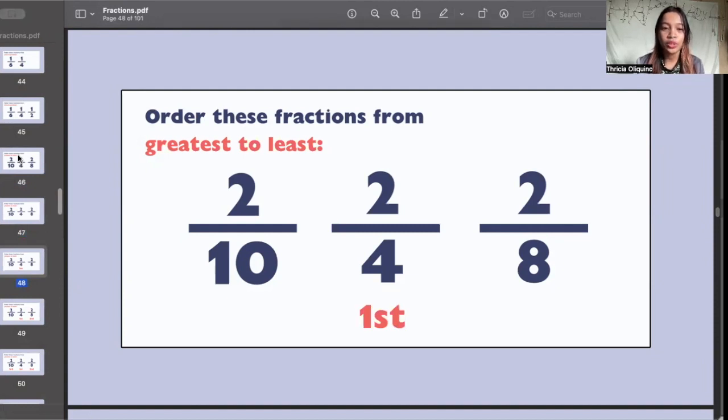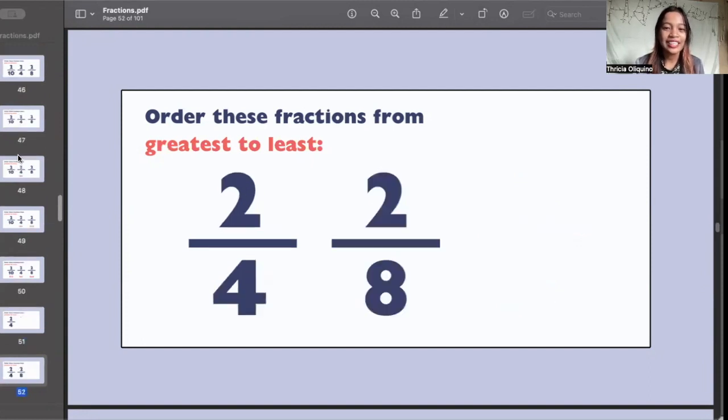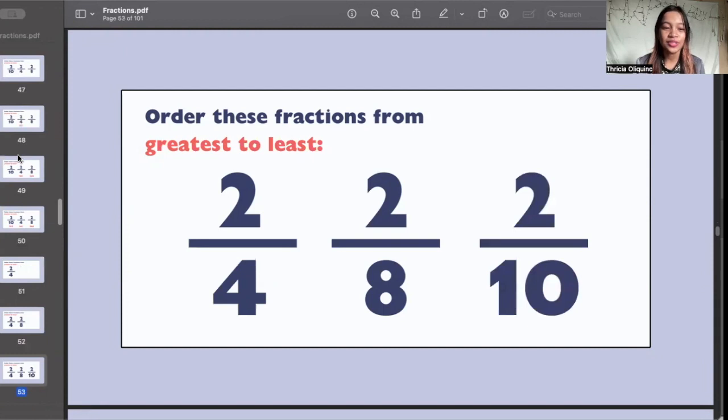So the first one, which is the largest or the greatest one, is 2/4. How about the next? It's 2/8. So 2/8 is the second. And the third one, which is the last, the least, and the smallest fraction, we have 2/10. And again, if we're going to list them from greatest to least, we will have 2/4, 2/8, and lastly, 2/10.